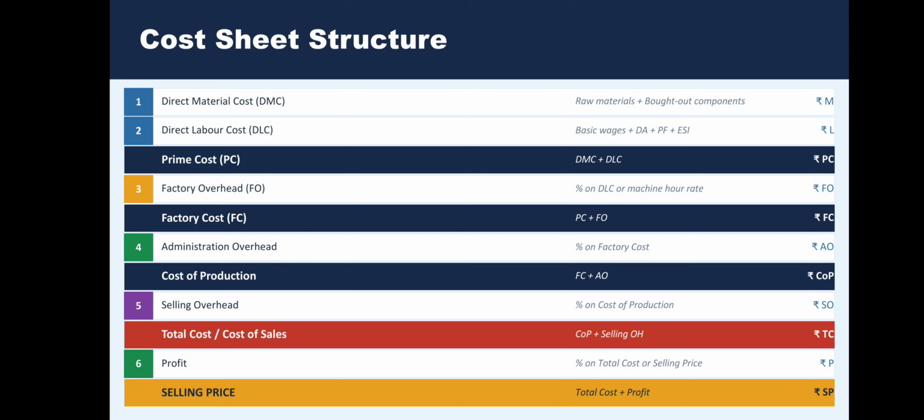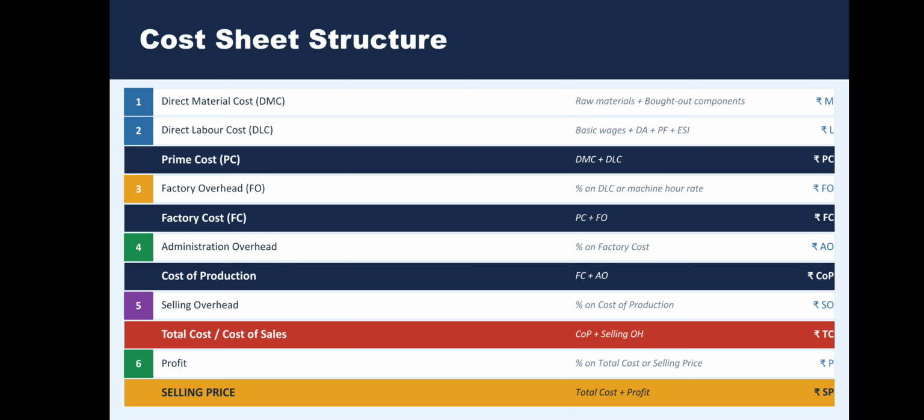Total cost plus profit is the selling price of the required product, or the product of different products in the market. Each product has its own way of selling price according to the above different cost sheet structure.